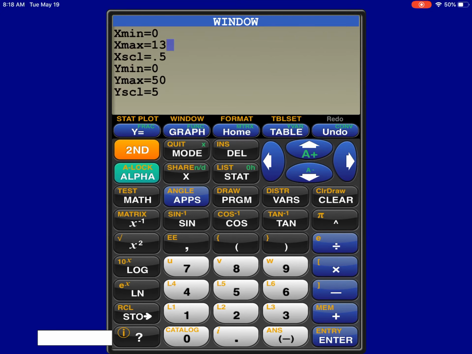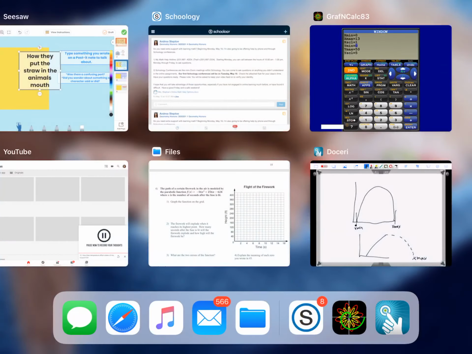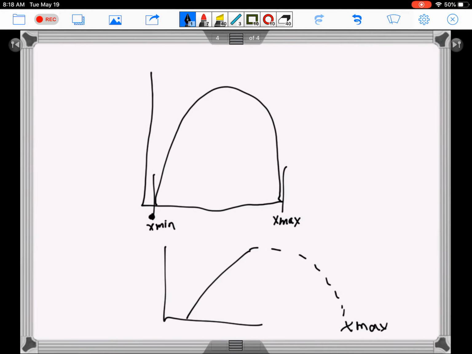If we know it's 13, we can use that, or maybe we can guess about 15. My x scale is what the x is going by. All those decimals were because it was going by 0.5, so we can go by ones. It's okay. Now the y. You're talking about how low does it go, y min, and how high does it go, y max.